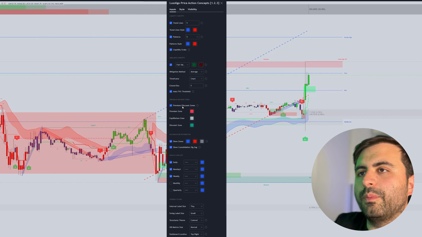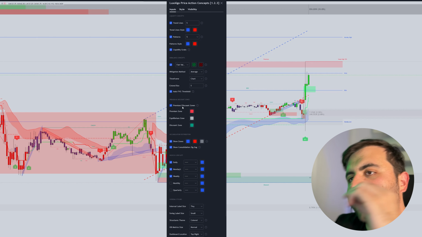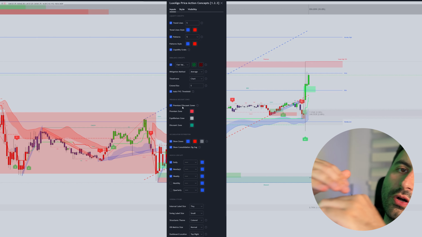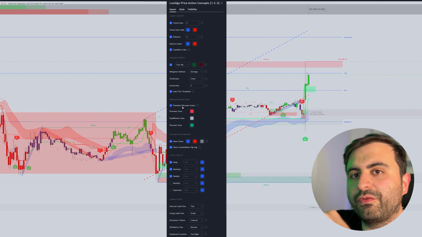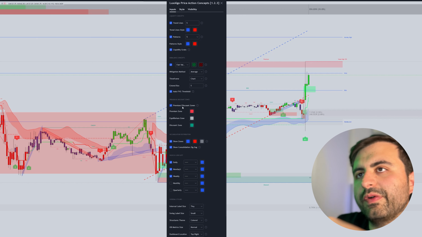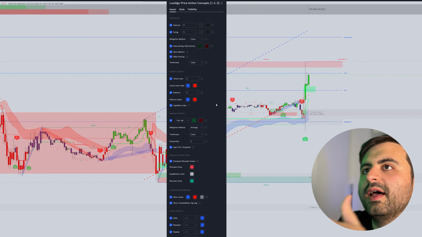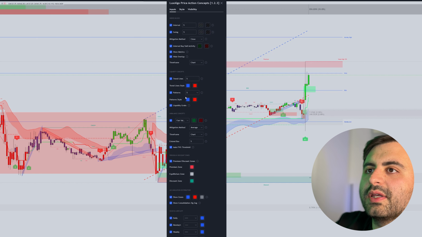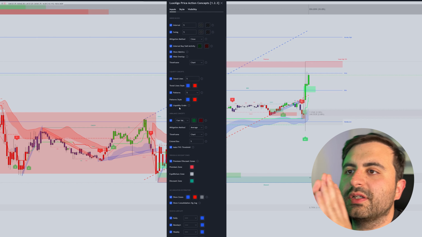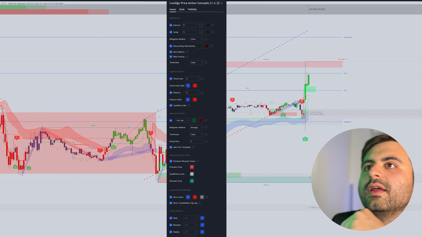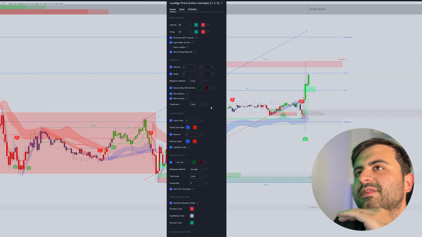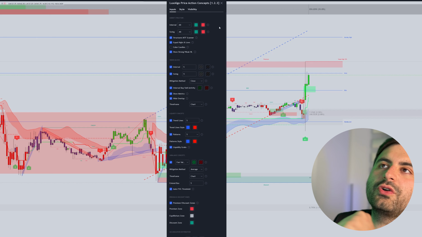And I always open the premium and discount zone. It helps me put my stop loss and take profit points, and I will show you very soon. The fair value gaps are very important. And liquidity concepts, you know, liquidity grabs, I want to know that. So these are my settings for Price Action Concepts.